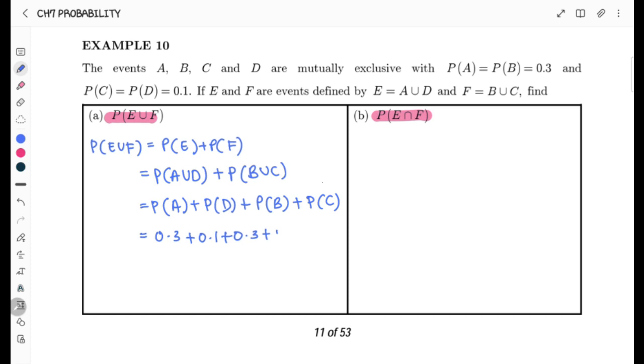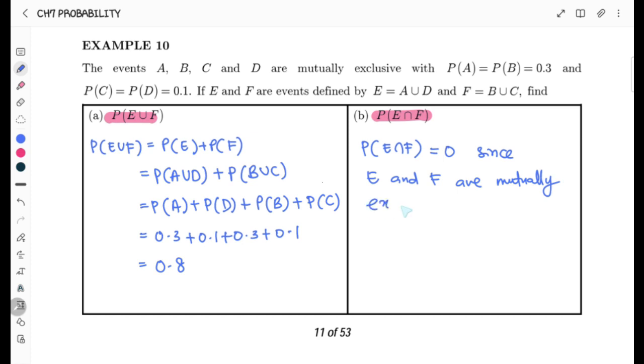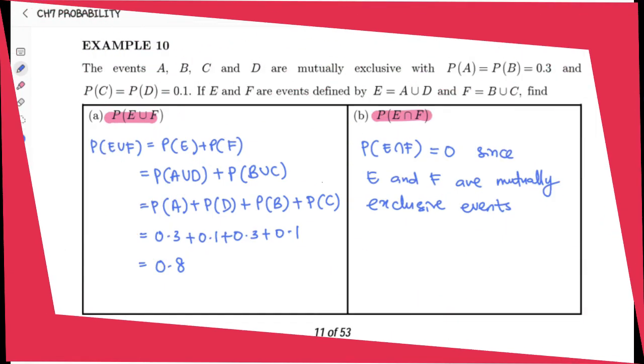Lastly, PC is 0.1. Add them up, you get 0.8. Then for this one, P(E intersect F) is equal to 0 since E and F are mutually exclusive events, as I said before.